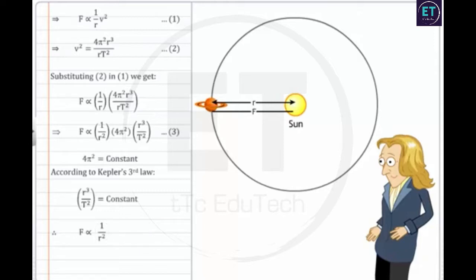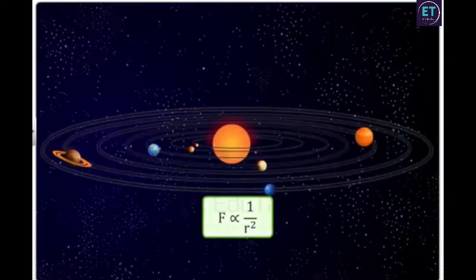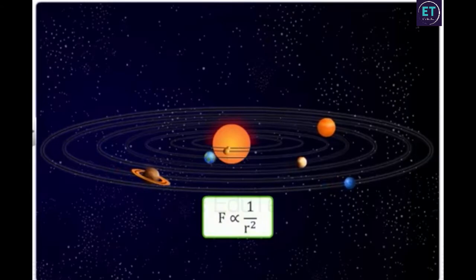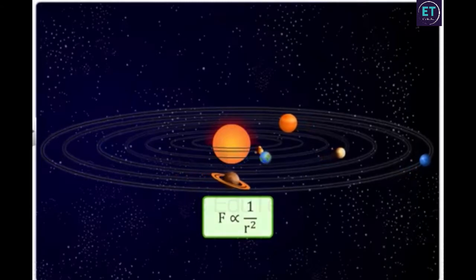Eliminating the constants, we get the relationship as F proportional to 1 divided by r square. Newton extrapolated these findings to all the bodies in the universe. Therefore, the gravitational force F is inversely proportional to the square of the distance between the two bodies.